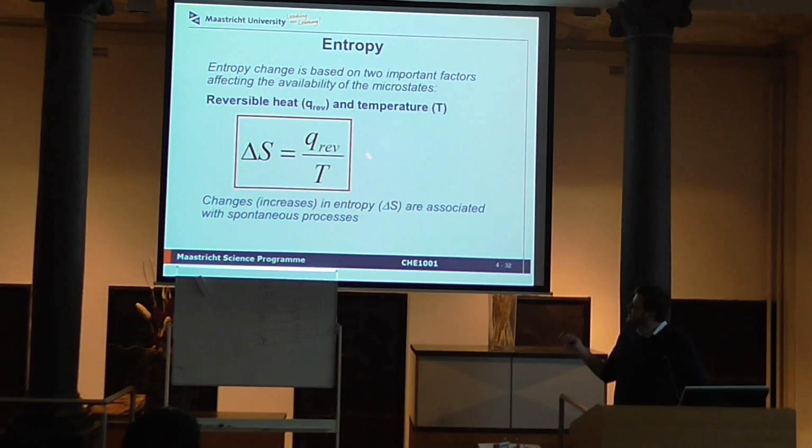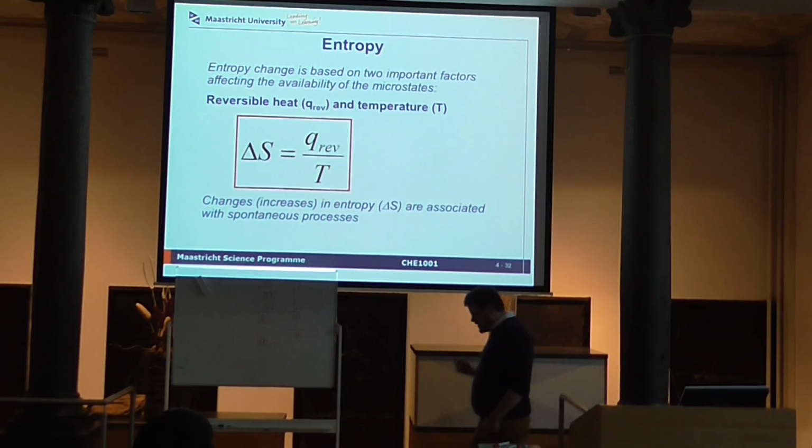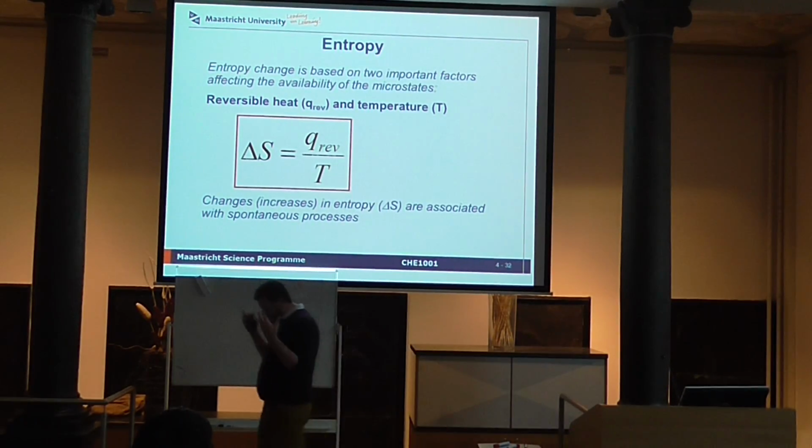We're going to work with a classical thermodynamic definition of entropy, which is simply defined as heat over temperature. Very simple. So the change in the entropy of a system is equal to the heat change associated with that system, which we call Q rev, over temperature. All right. Now, entropy, as I just said, is associated with chaos.